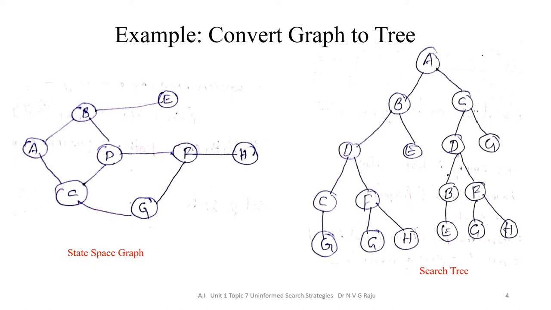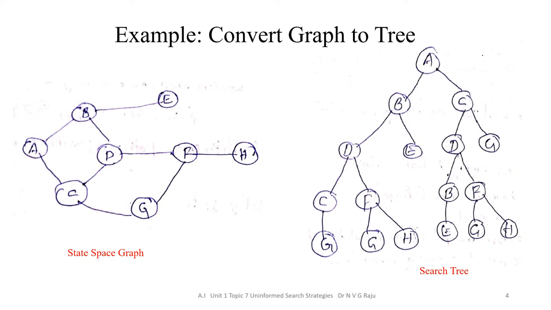The resultant state space graph has to be converted to a search tree. The left side diagram shows the state space graph and the right side diagram shows the search tree where A is the initial node and G is the goal node.